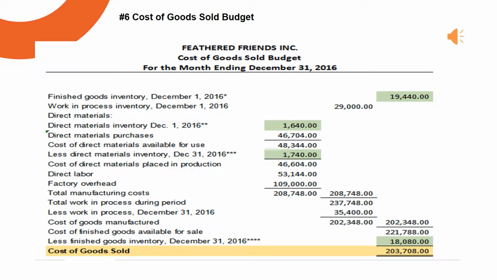So the finished goods inventory would total to $18,080. For that, we have our cost of goods sold amount of $203,708 for the year December 31, 2016.